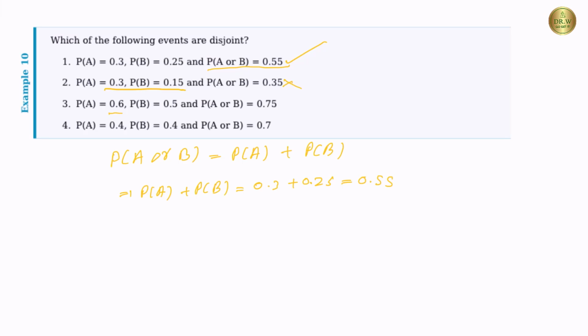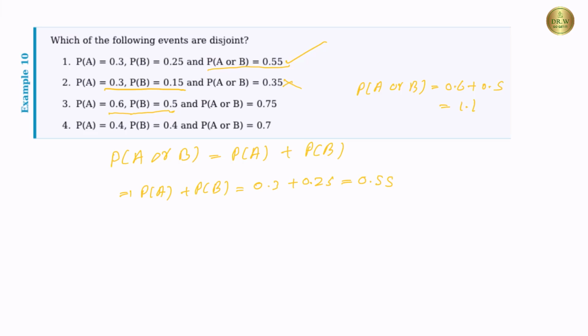And this one, you see probability of A is 0.6, probability of B is 0.5. Add them together. Probability of A or B is 0.6 plus 0.5. This is 1.1. So this can't happen.